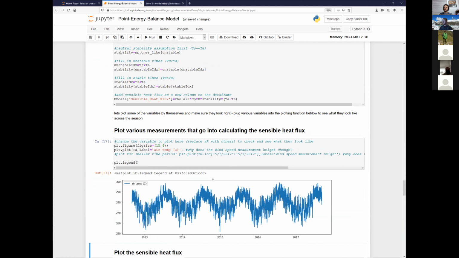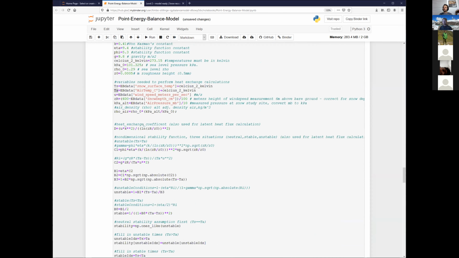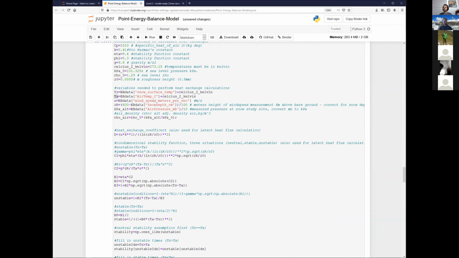Here we can see the air temperature over this 5-year period, where we have a really distinct long-term signal of the summers and the winters, but then a whole bunch of variability day to day with the maximum and the minimum air temperatures. So if everyone wants to take a sec and pick another one of these measurements and plot it up in your lab.